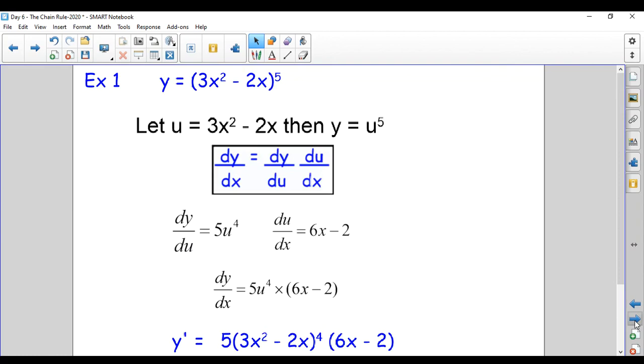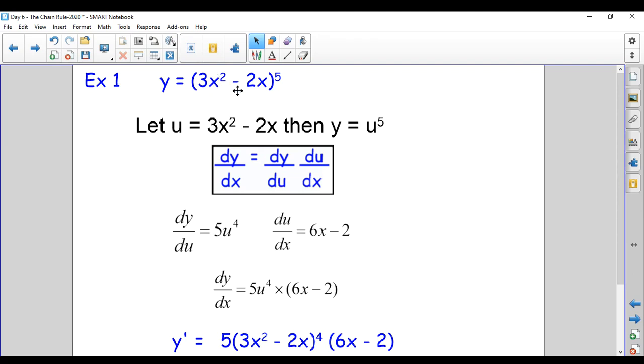All right, so let's take this function as y equals (3x^2 minus 2x) to the power of 5. That's the function. But let's separate it and pretend as if we have two relationships, between u and x, and then between y and u.